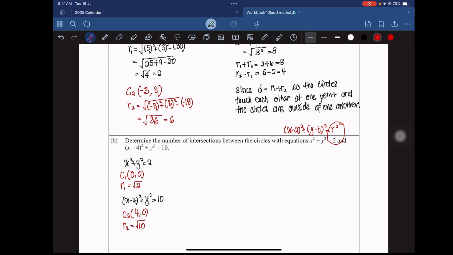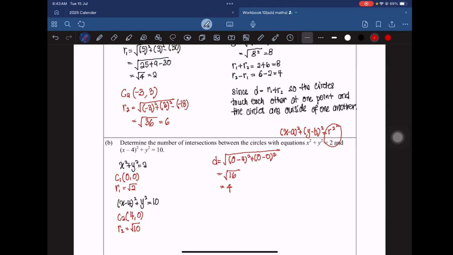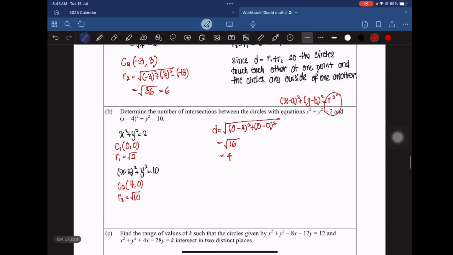So what is your distance here? Your distance is the square root of 0 minus 4 squared plus 0 minus 0 squared, which is equal to the square root of 16, which is equal to 4. Then we are using R1 minus R2 as usual.